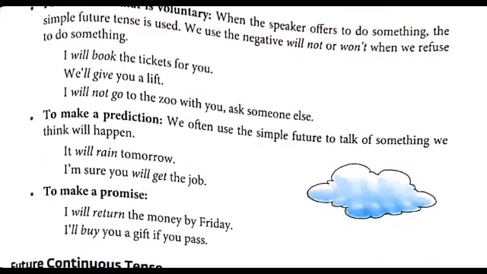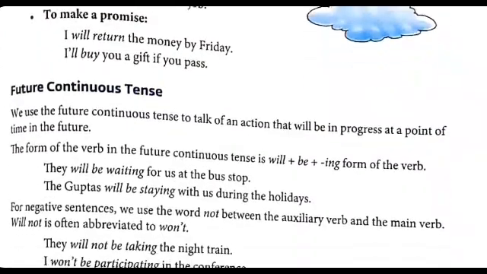We often use the simple future to talk of something we think will happen. For example, it will rain tomorrow. The simple future tense is also used to make a promise. For example, I will return the money by Friday, or I'll buy you a gift if you pass.